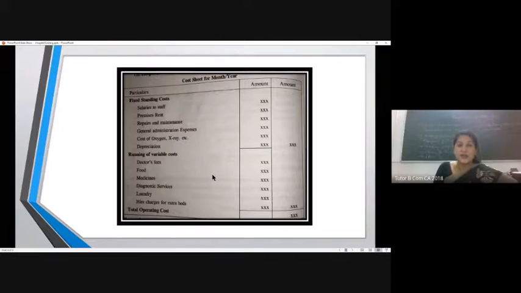As we said, these expenses can be connected with inpatient or outpatient expenses, or with different tests, lab tests, or other facilities available in the hospital. Along with that, there can be other miscellaneous expenses that are helpful in providing better facilities to the patients who are approaching your hospital.